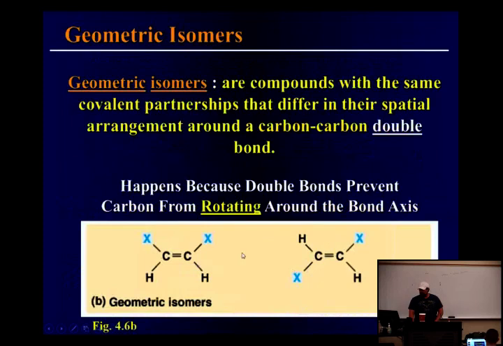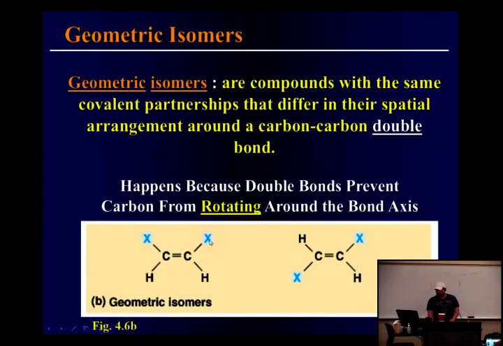Geometric means that they have a double bond, and the reason that it's different is because that double bond can't rotate. So if it's on the same side, like this, what's it called? Cis. And if it's on different sides, trans. Good. And remember, we talked about the difference between alpha and beta glucose. That's why.